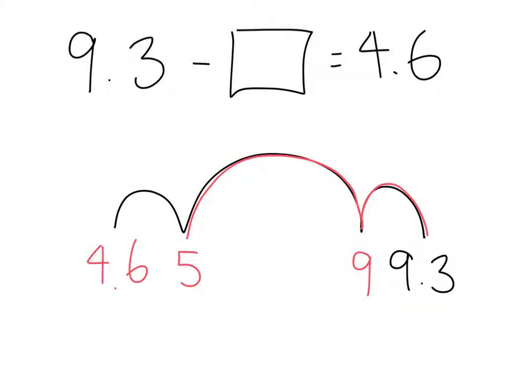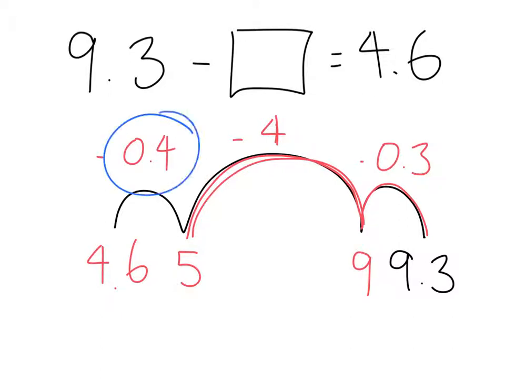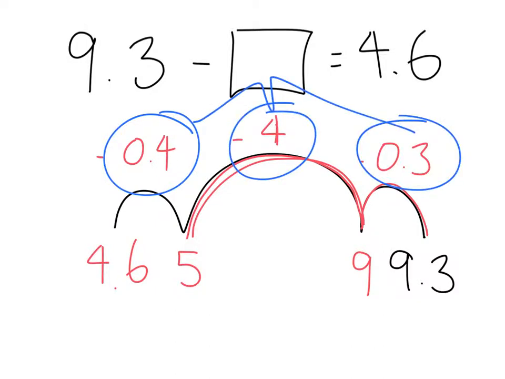So the first jump, we're going back 0.3, then we're going to take away 4 to get from 9 to 5, and then finally we want to take away 0.4. So if we add 0.4 and 0.3 and 4 together, we get our answer, which is going to be 4.7.